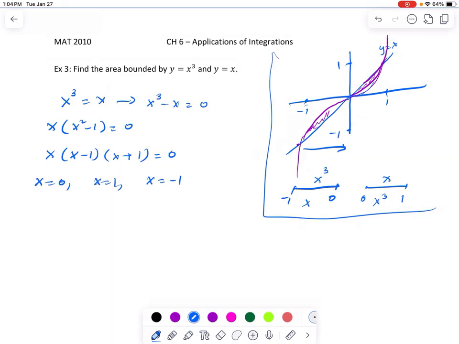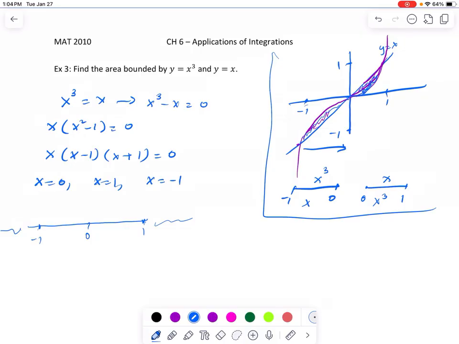So negative 1, 0, and 1. But we are not concerned about after 1 here and before negative 1 here, because we have to find the area between, and the area between only is here and here. So we pick a sample point, for example, negative 1/2.